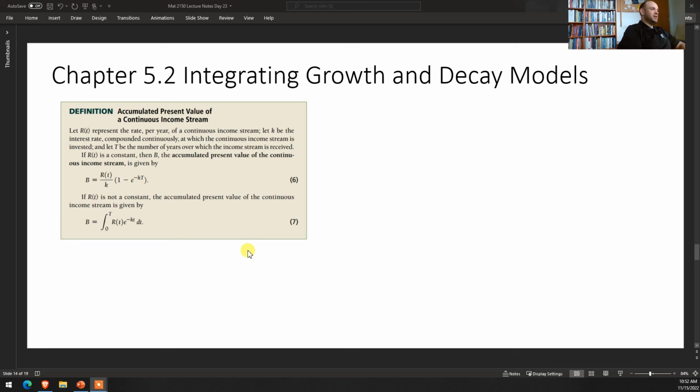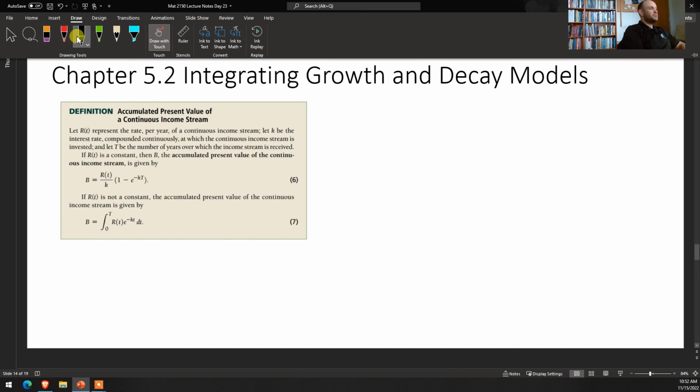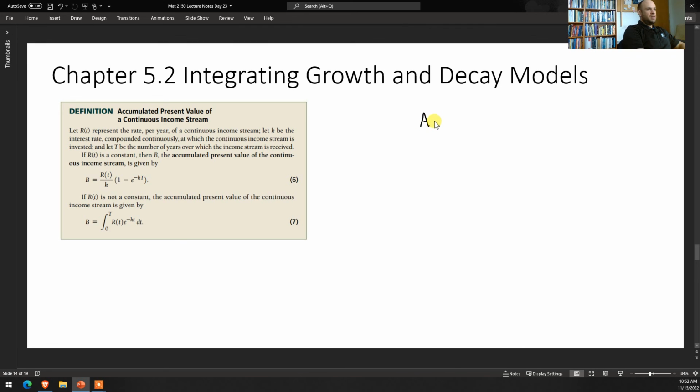Let's write that down as an equation. So we start with what we just called equation 5. That is assuming the constant case. Then our accumulated future value is given by this quantity.